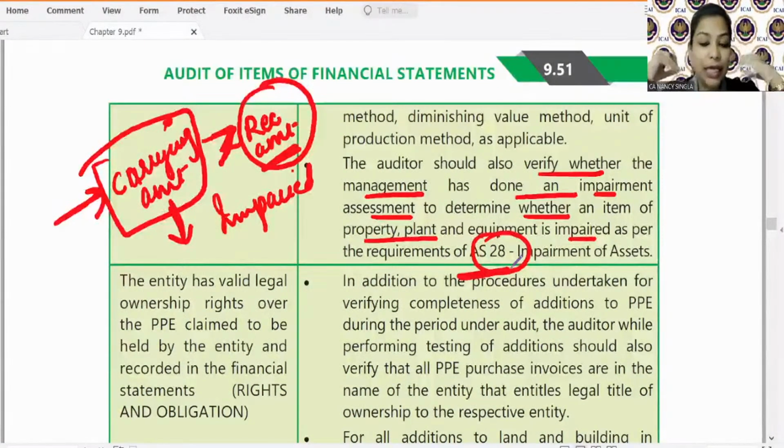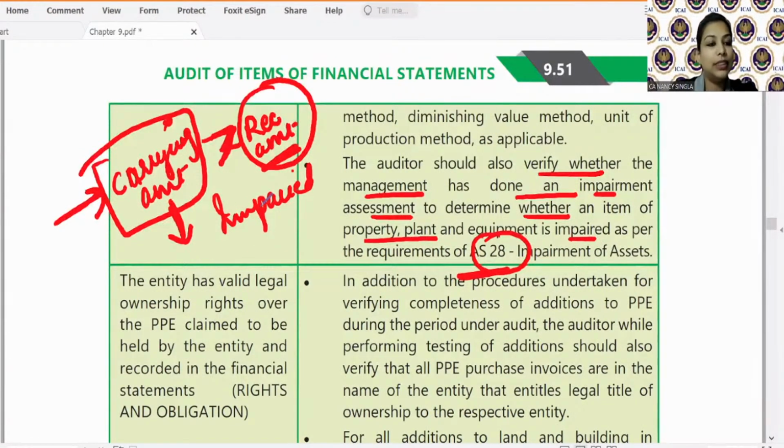It is the procedure that needs to be followed when there is a reduction in the value of the asset, so as to ensure that the carrying amount of the asset, that is the value at which it is appearing in the balance sheet, does not exceed the recoverable amount, right? Because if you go to the market you will get 1 crore, while in your balance sheet after providing for depreciation it is coming at 3 crore, so this is not correct, the asset needs to be impaired, okay? So the auditor will see that. Is it clear, right?